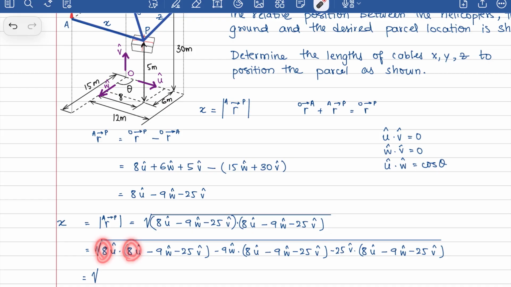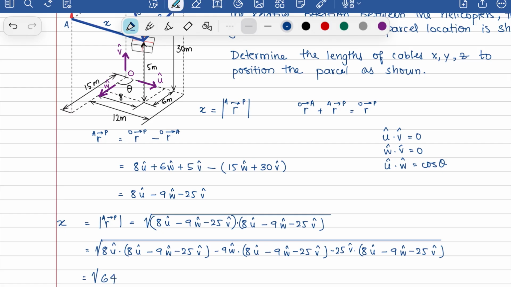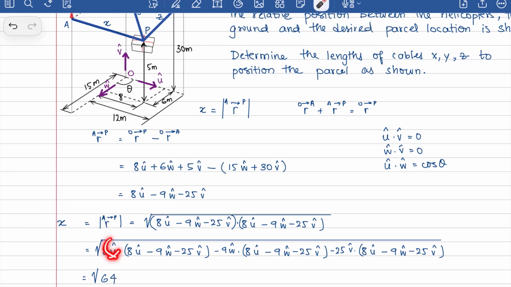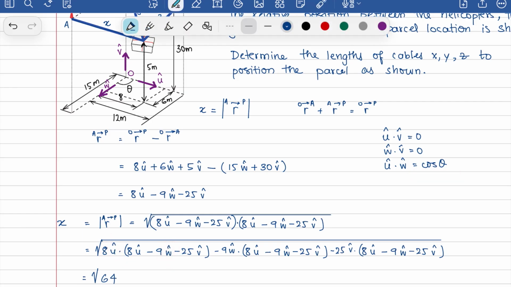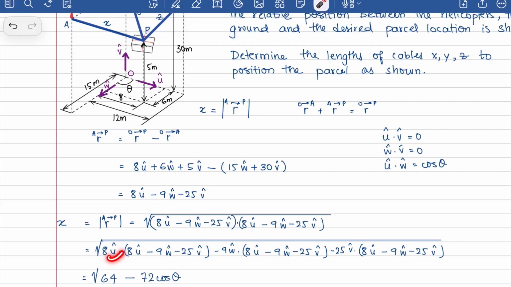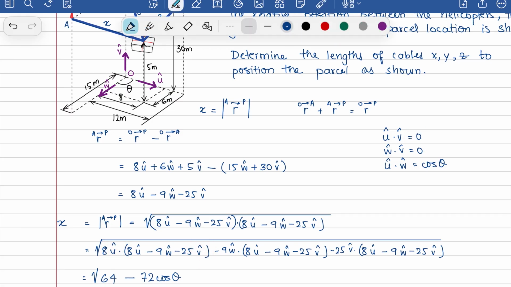8 times 8 u hat dot u hat, that is just 64. And then you have u hat dot w hat, which is cos theta. So you have minus 72 cos theta. And then you have u hat dot v hat, which is 0. So that vanishes.